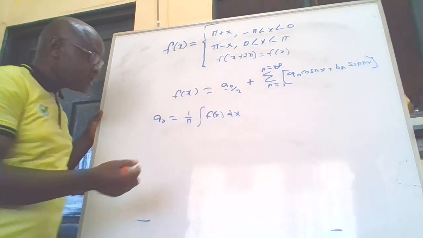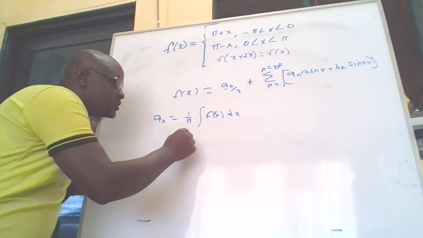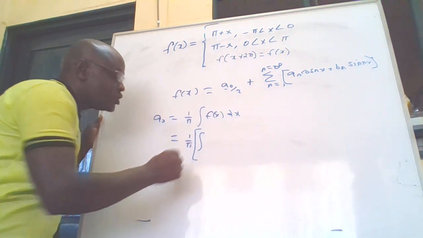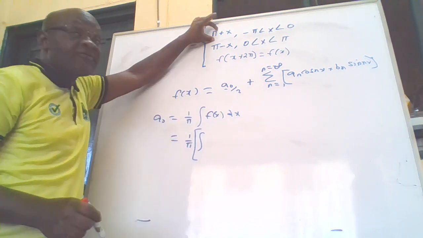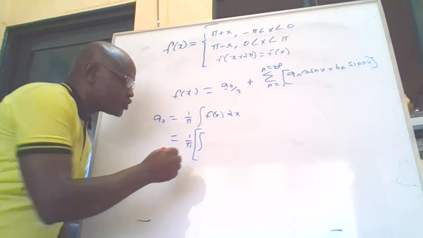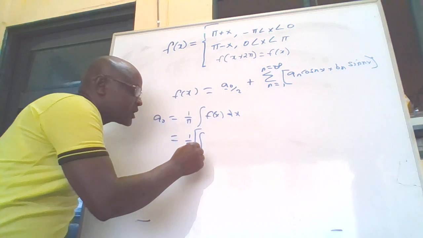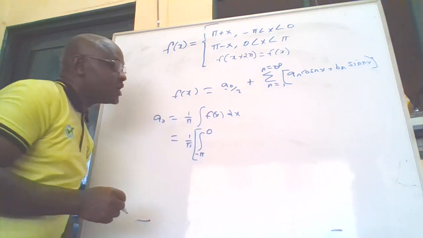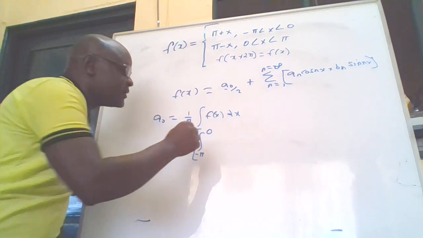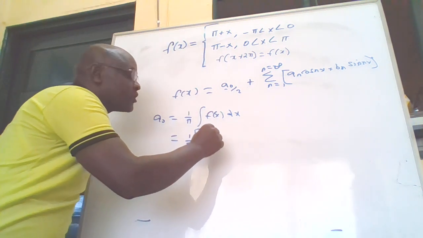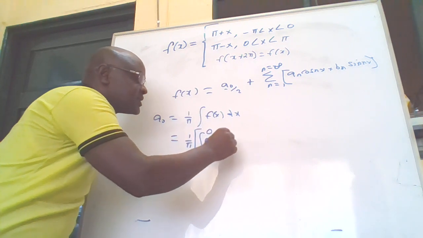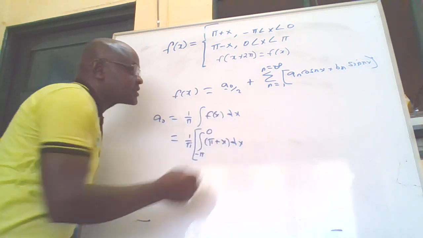From the given information, we are integrating in this interval, from negative pi to 0. And what is f of x? F of x in this interval is pi plus x, then of course dx.